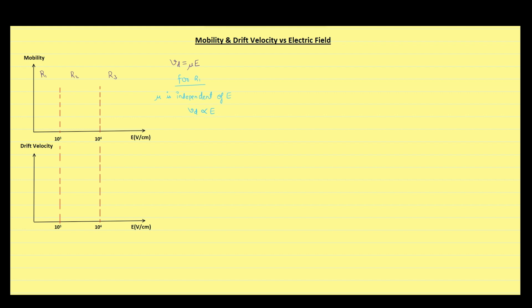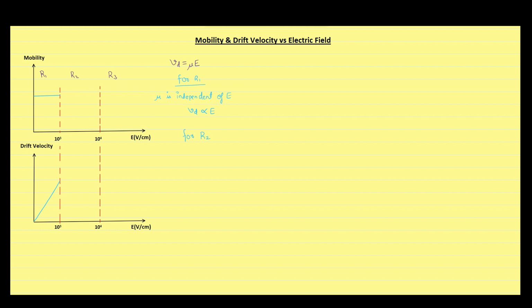So we will draw a straight line in the region R1 for mobility versus electric field graph like this. And if we talk about drift velocity, which is proportional to electric field, then we will get a straight line with a non-zero slope for the graph of drift velocity with electric field.